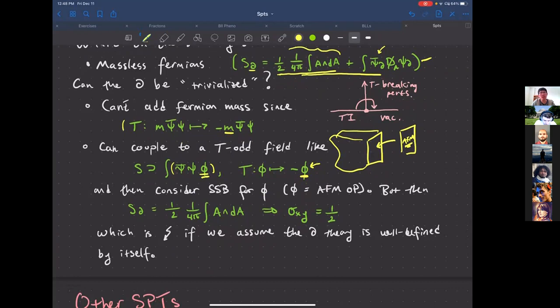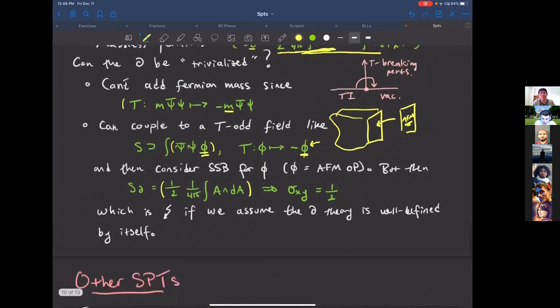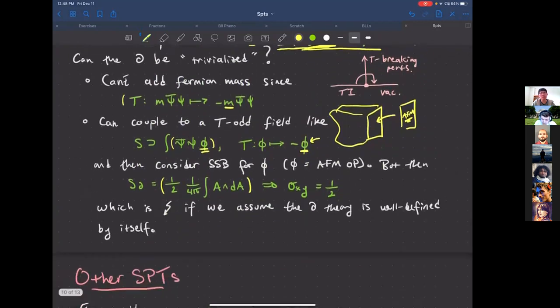What I'm left over with is this half Chern-Simons term that I wrote down above, and it would tell you that the Hall response on your boundary is 1/2.